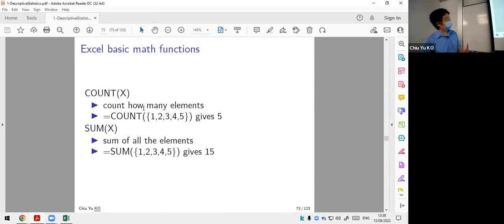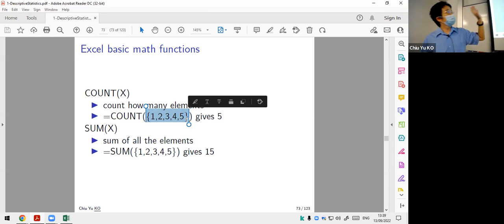So that's count and sum. That is important, starting from something important. Here for Excel, when you try to input your data, you would be using a bracket, and separate each data by a comma.